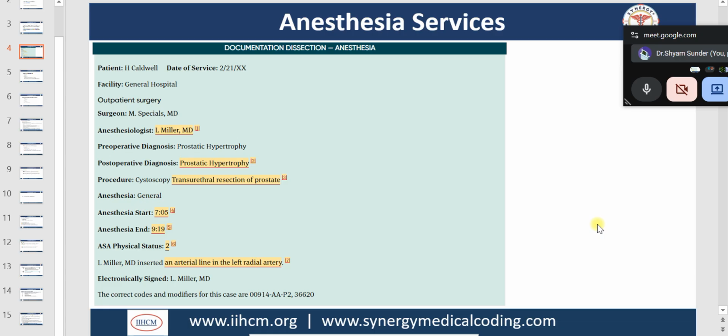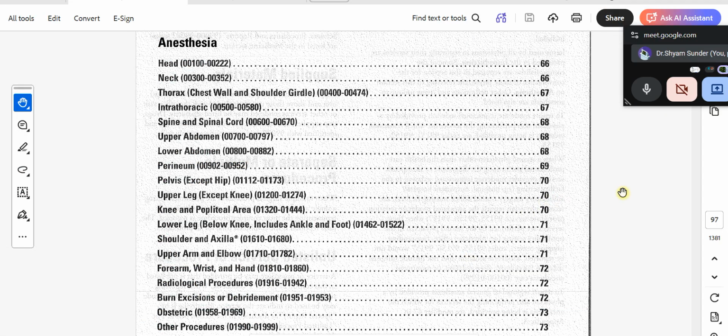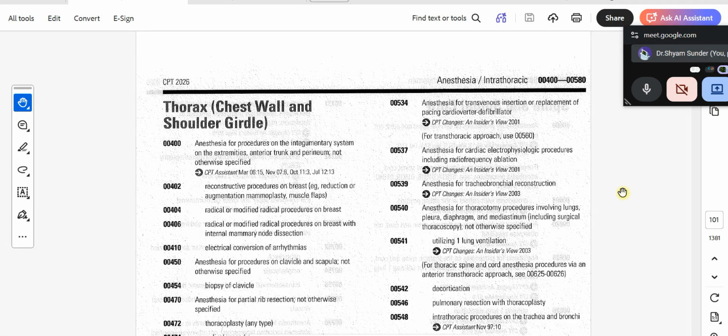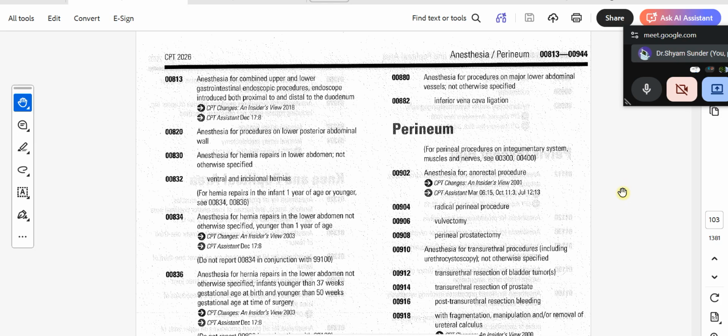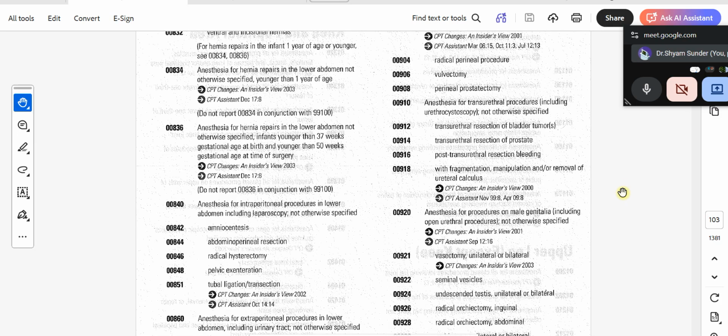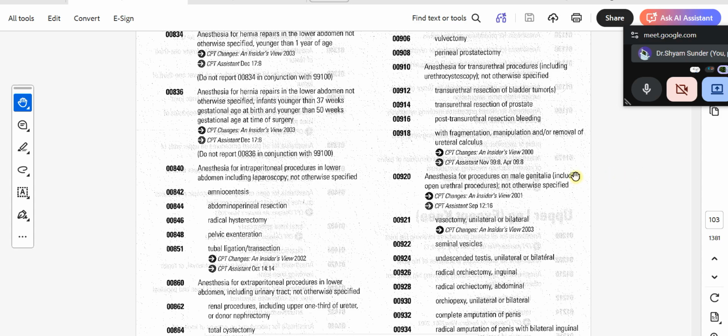It's like 0092, the range starts from 00. These are all related to the male genital system, male reproductive system.